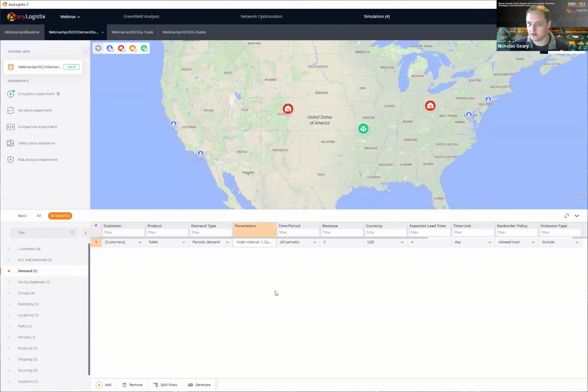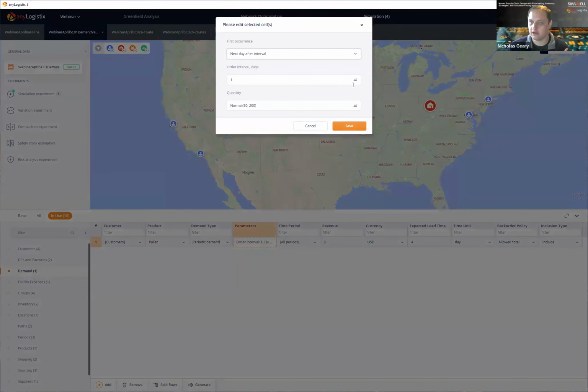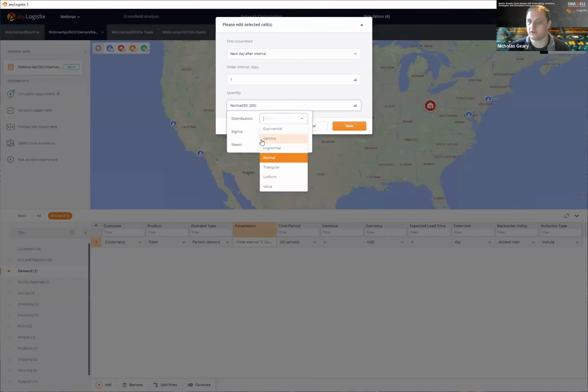So what we're going to do here is that in anyLogistix, if you see these charts over here, it allows you to add in different types of distributions. anyLogistix has built in all the main distributions that you'll find, and you'll be able to easily calculate based on whatever forecast or historics you are using.